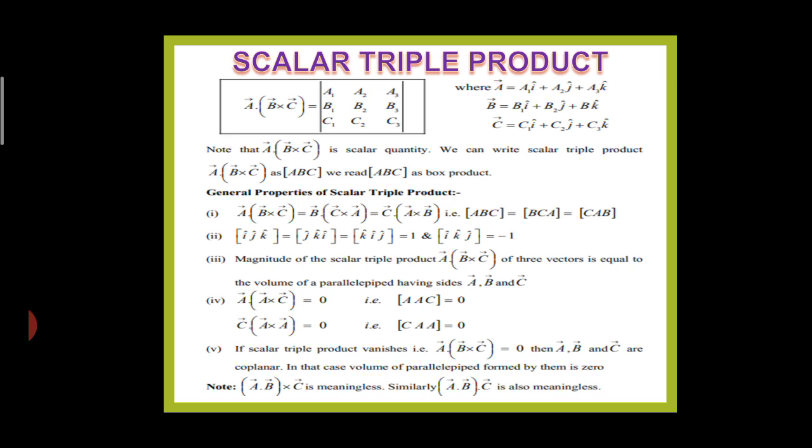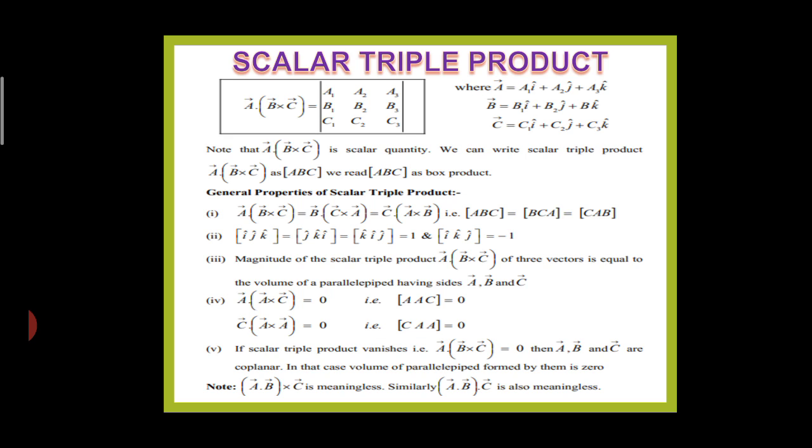Second, ijk is equal to jki is equal to kij is equal to 1 and ikj is equal to minus 1. Third, the magnitude of the scalar triple product a dot (b cross c) of three vectors is equal to the volume of a parallelepiped having sides a, b and c.